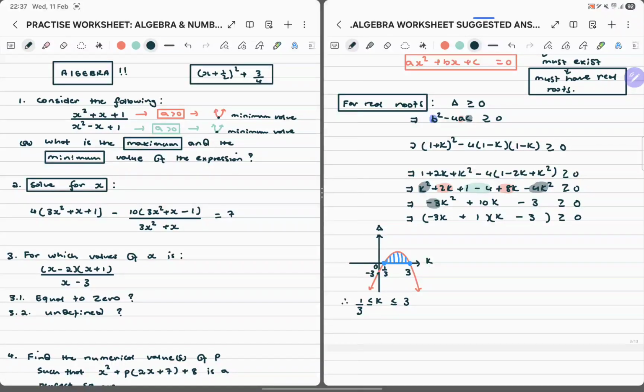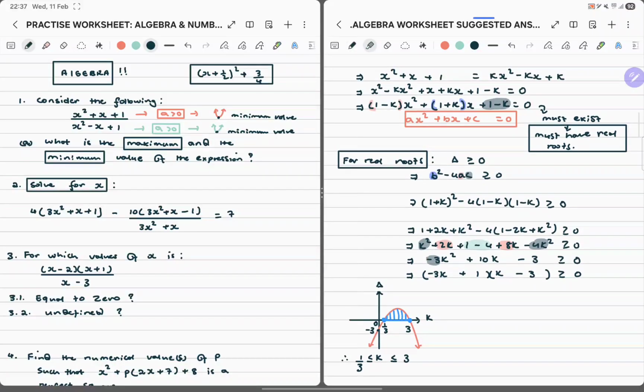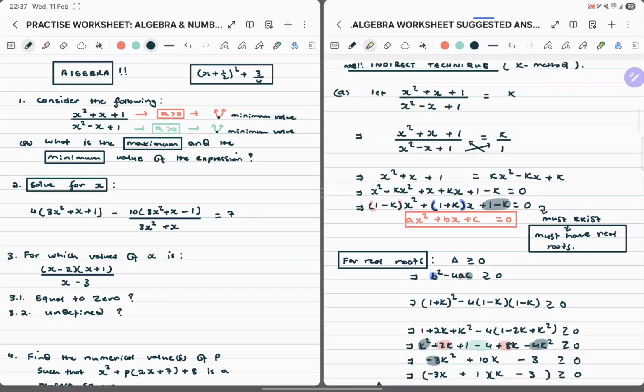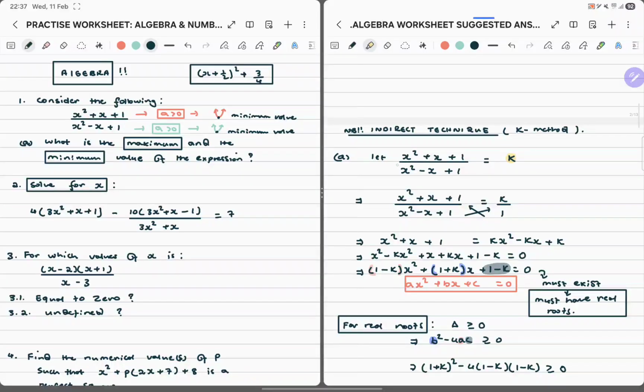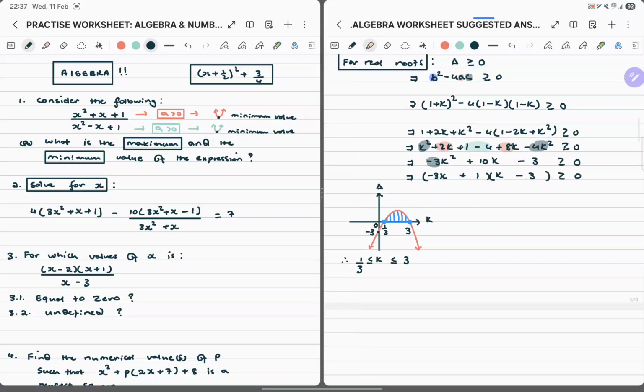Right. So now we look at this. What is k in the first place? We knew that k represented the entire expression. And what are we trying to solve? The actual expression. So it means k, if it must range between these two, this is the maximum value.